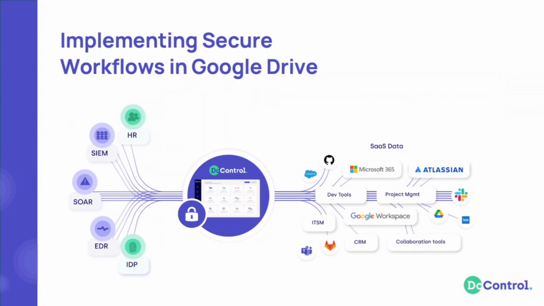In the HR application, in the instance of employment status changes, if you have an employee that's leaving, you can define a policy that revokes access for that departing employee so they can't take with them sensitive data and files. This is a standard use case that we see every day with our customers. And then the other tiles on the graphic are existing security investments that you might have made, where DoControl is providing business context and adding value to those existing investments that you've already made.